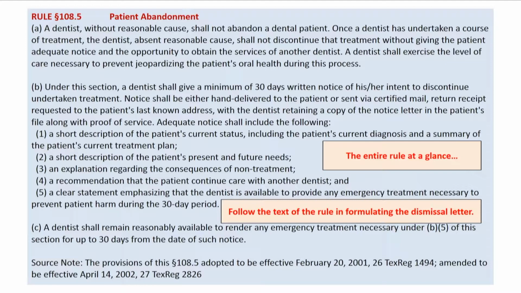And this refers back to the slides that we reviewed earlier where I advised you to keep track of proposed rules and changes to rules. You'll also note in the source note where it references what's called the Texas Register.